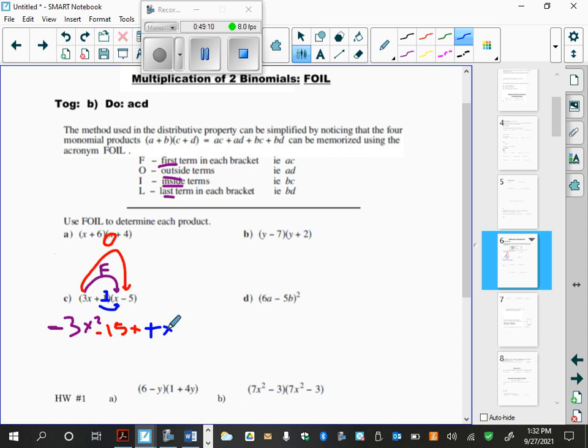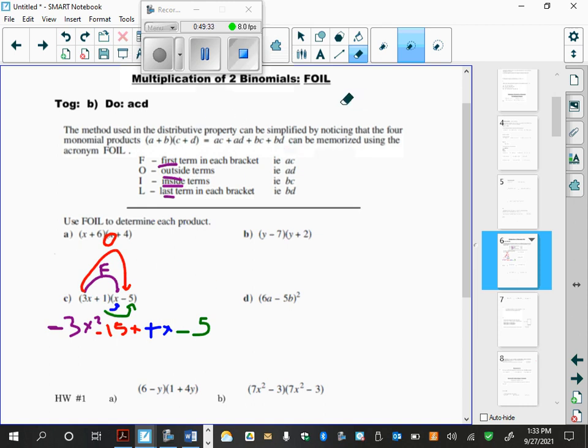And the green machine at the end is the L arrow, which means the last terms of each bracket. So 1 times -5, which is -5. Hope that's a 1. Yep.